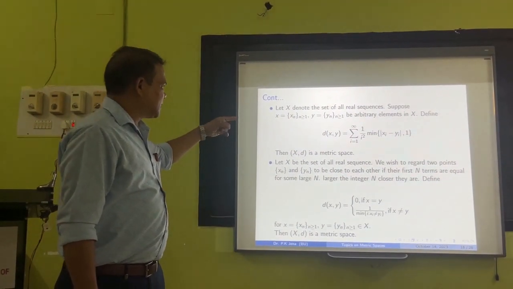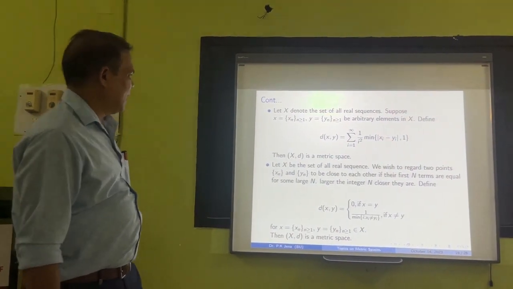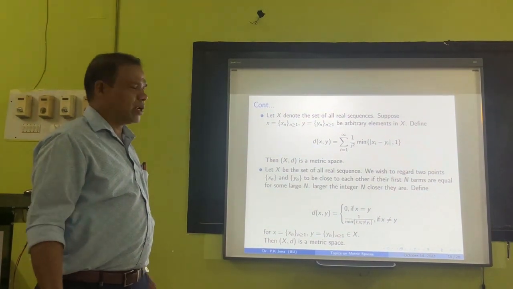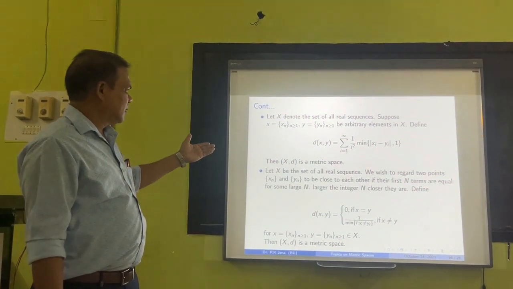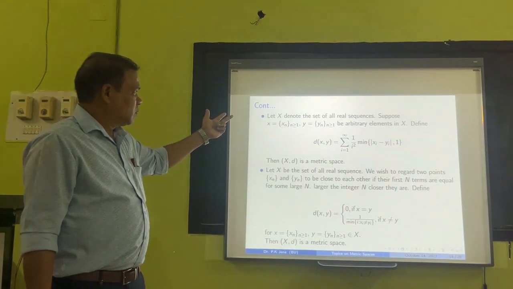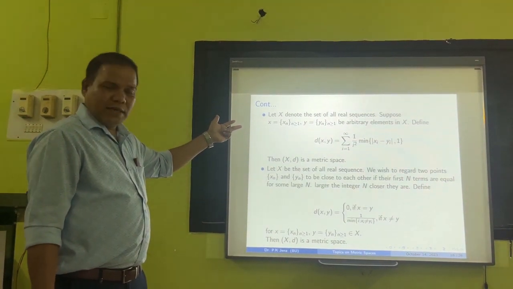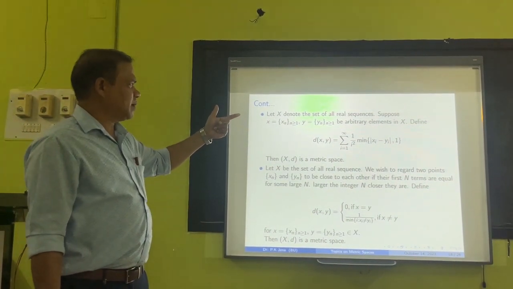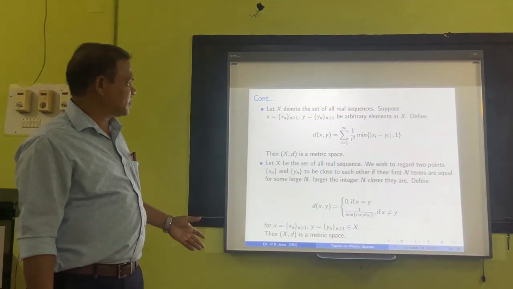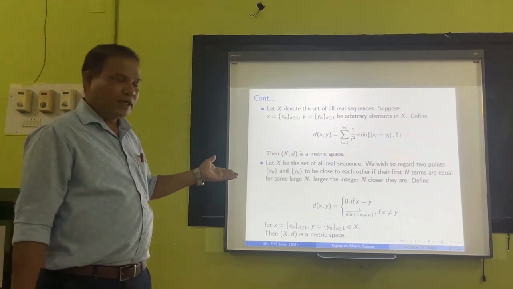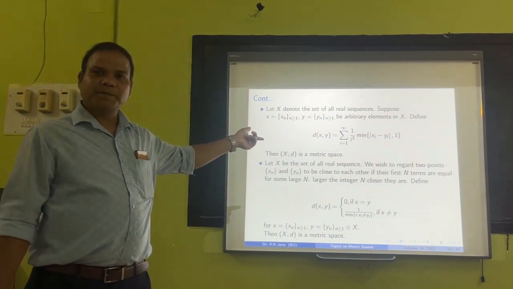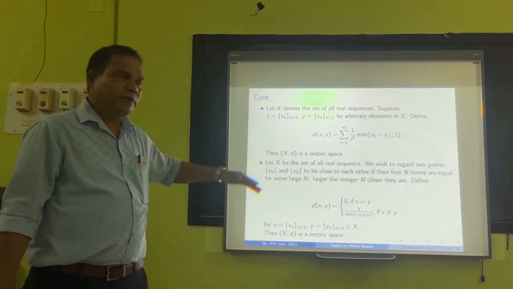Let x equal to xn, n greater than or equal to 1, and y equal to yn, n greater than or equal to 1, be arbitrary elements in X. We define the distance here, a really interesting one: the summation of 1 by i squared times the minimum of modulus of xi minus yi and 1. This summation is an infinite summation. The non-empty set X together with this metric is also a metric space.